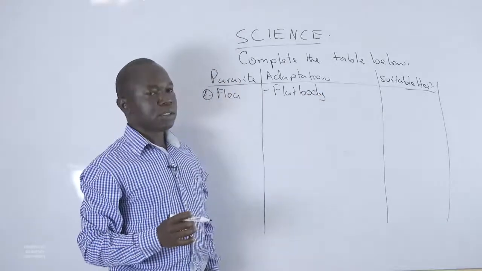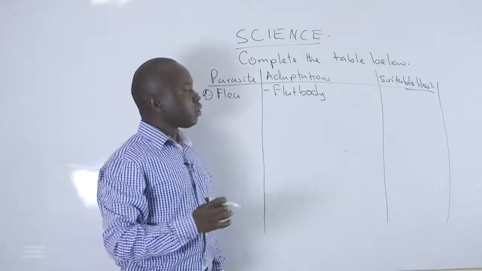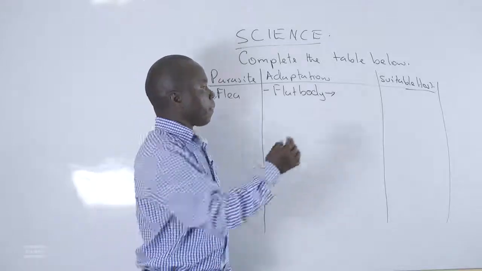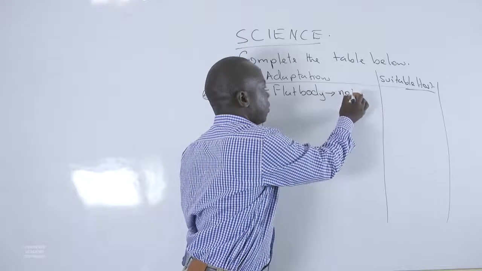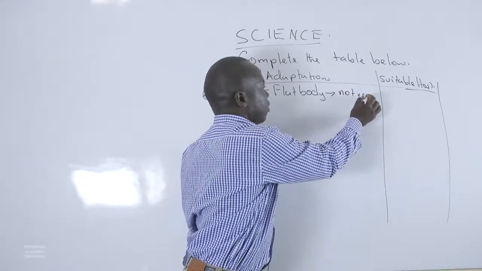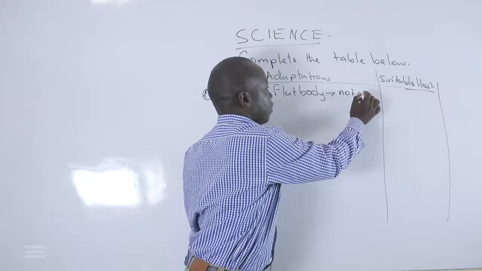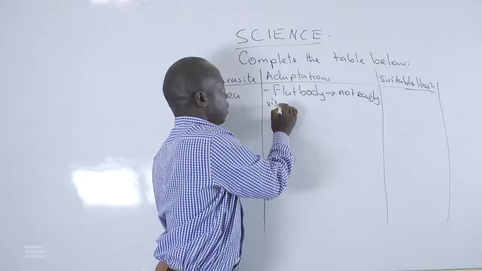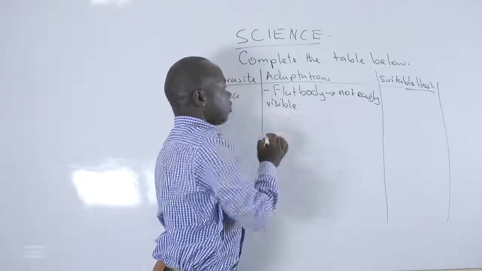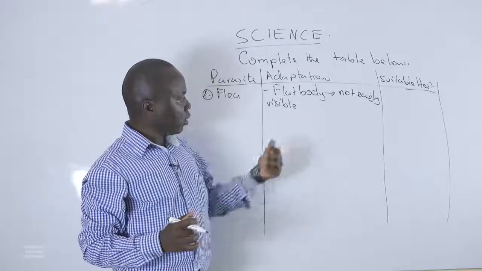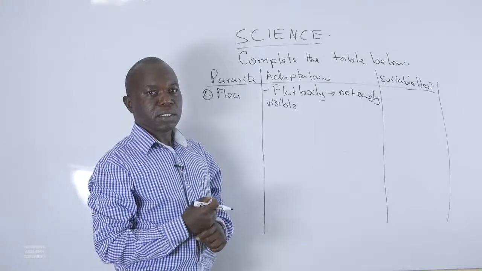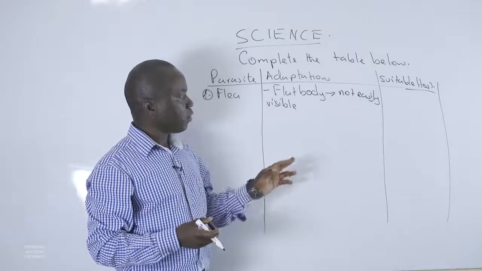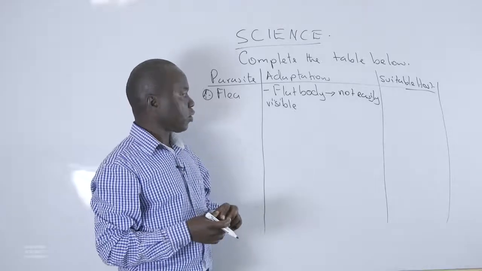Having a flat body is important so that it is not very visible or easily seen. If it cannot be easily seen by the host, then it can easily live on the body of the host.